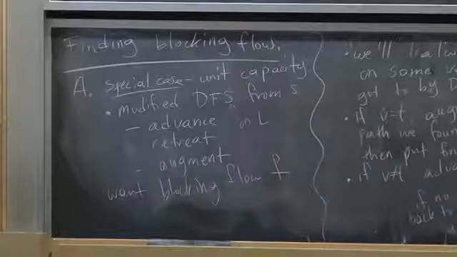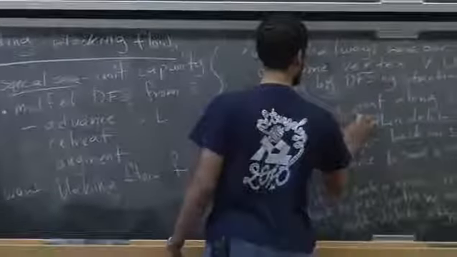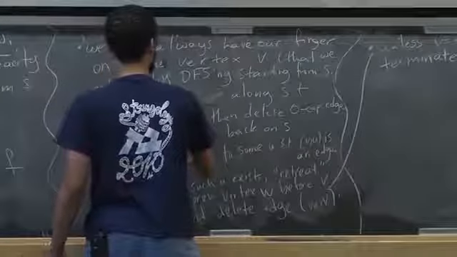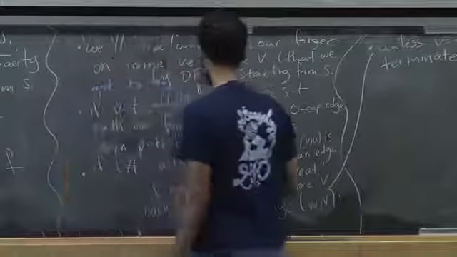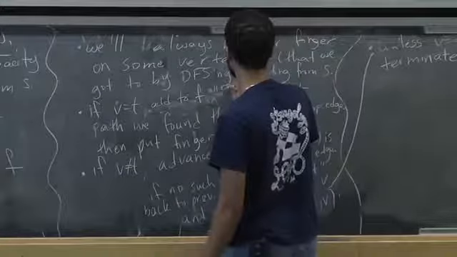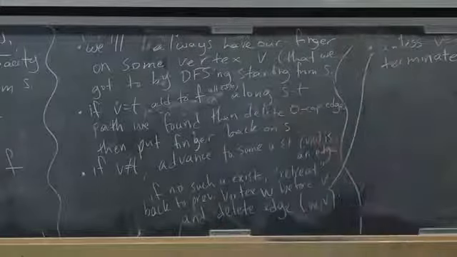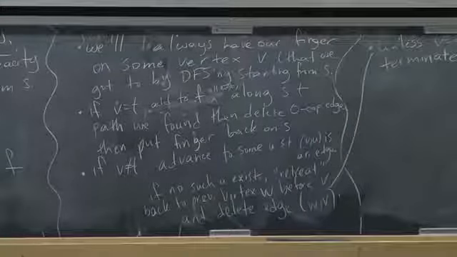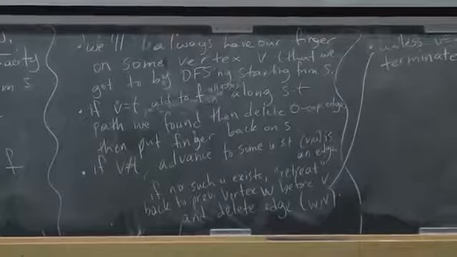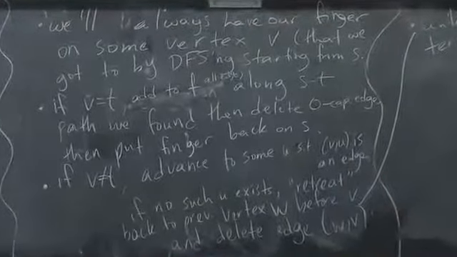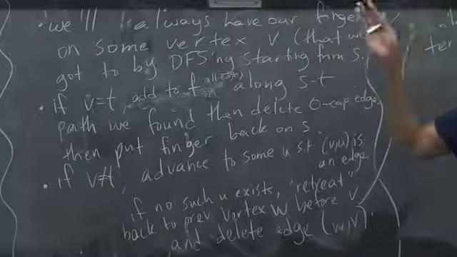So what I really mean is if V equals T, add to f all the edges along the ST path we found, with the minimum capacity, that's right. And then subtract that capacity from everyone on that path. And then delete all the zero capacity edges.